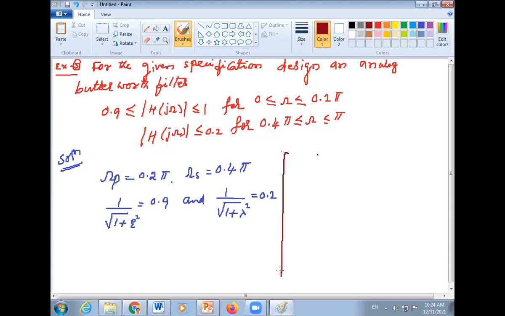Okay, so this is the graph we are having for the low pass filter.